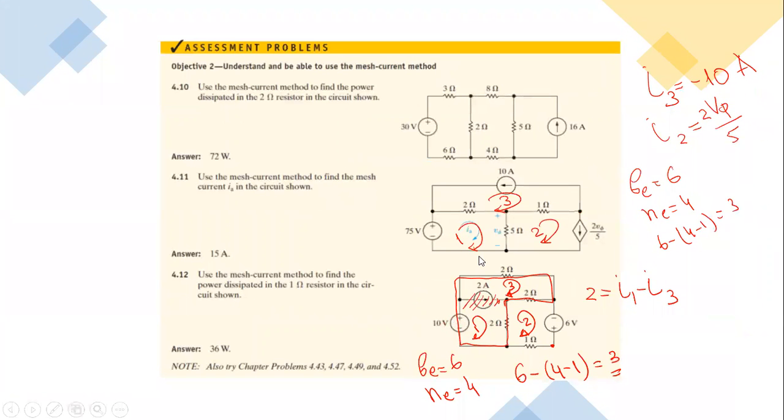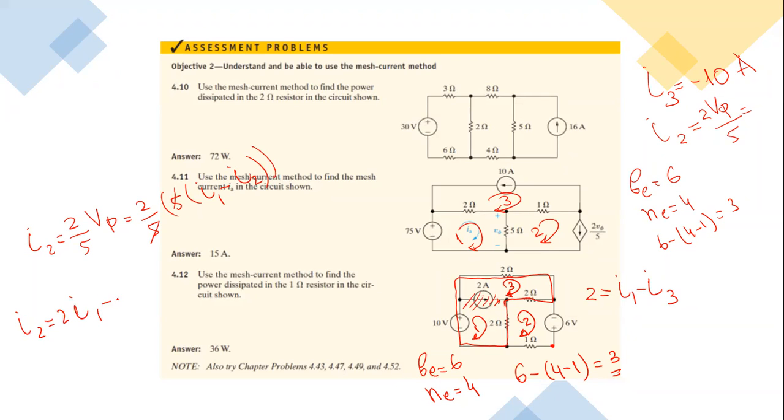Now let me rewrite it here. I2 is equal to 2 over 5 V5, and you said V5 will be 5 times I1 minus I2, right? So now I can cancel 5. So I2 is equal to 2 times I1 minus I2, 2I2, right? Am I right?